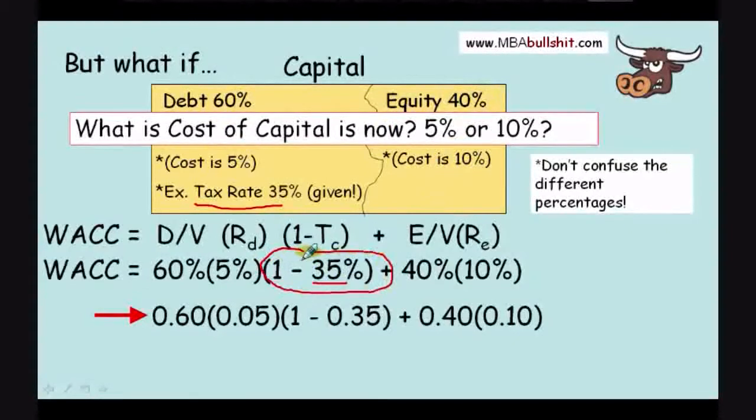Why do we need to know this? Well, that's because when you pay interest to the bank, the government allows you to write that down as an expense. Okay? As an expense.